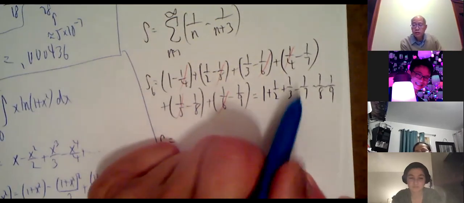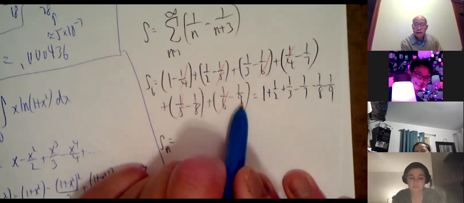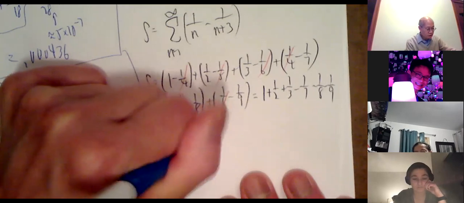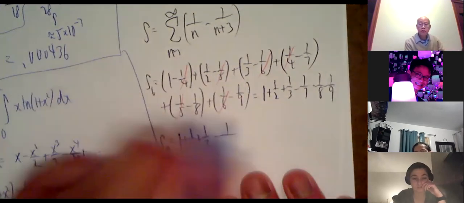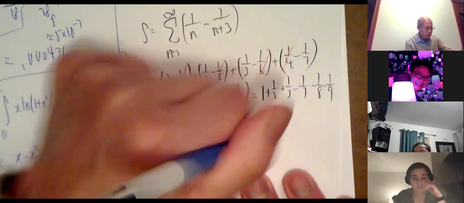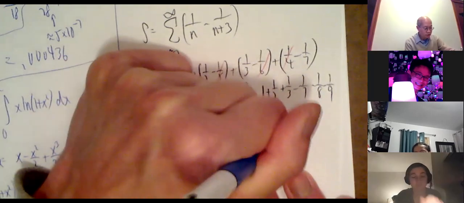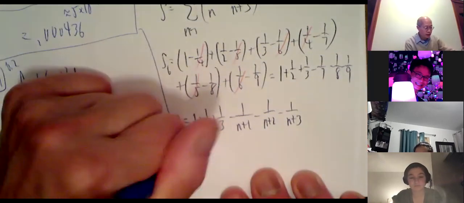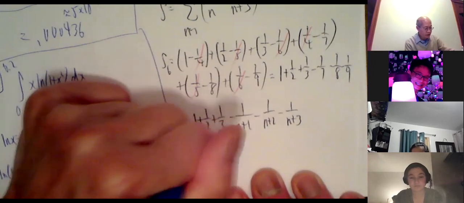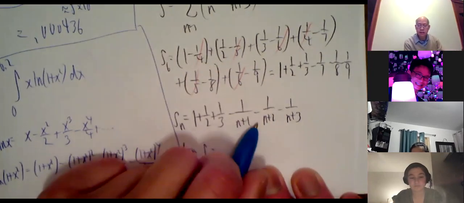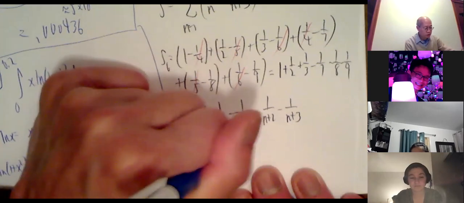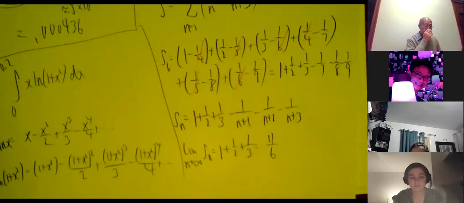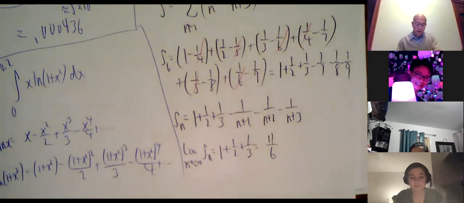So it looks like we don't cross off the last 3 negatives. So you have 1 plus 1/2 plus 1/3 minus 1 over n plus 1 minus 1 over n plus 2 minus 1 over n plus 3. All right, and then the limit as n approaches infinity of Sn. When n gets big, that's 0, that's 0, that's 0. So you just have the first 3 terms, 1 plus 1/2 plus 1/3, which comes out to be 11/6. Okay, so that's how that one works.